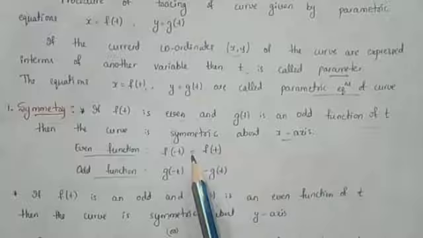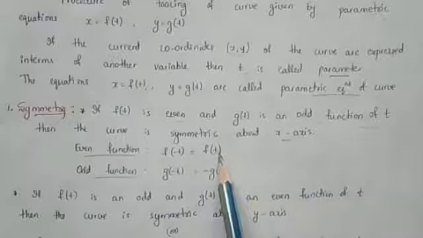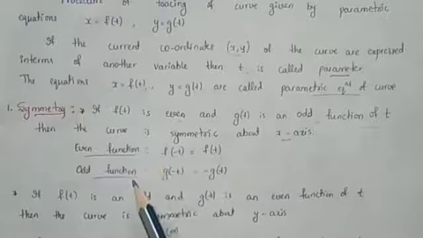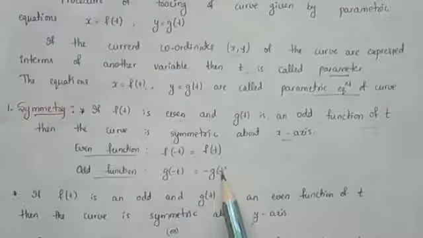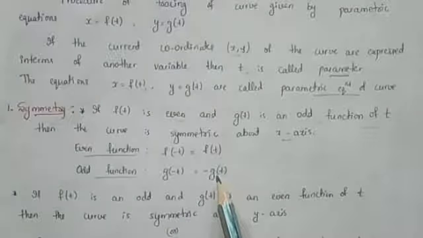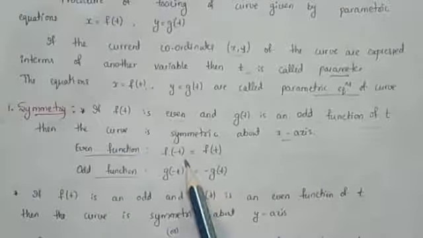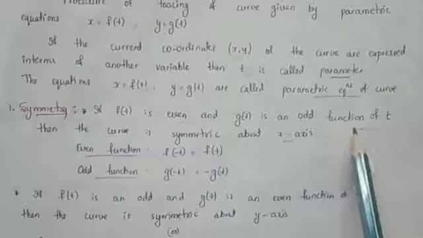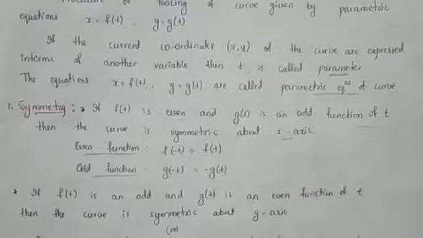If you replace t by minus t and you get f of t, then we say that function is an even function. If you replace t by minus t and you get minus g of t, then we say it is an odd function. So if f of t is even and g of t is an odd function of t, then the curve is symmetric about the x-axis.